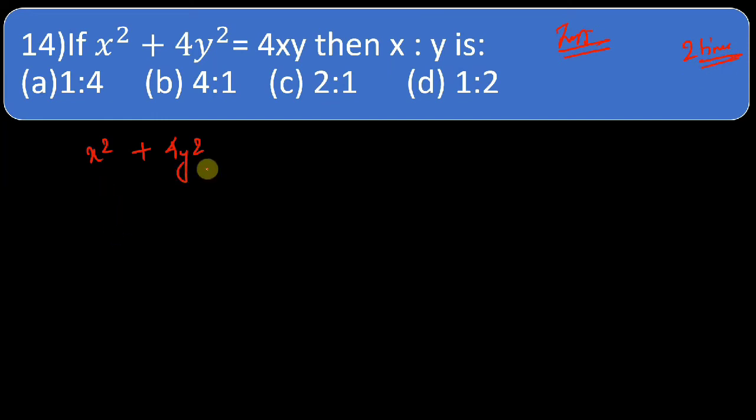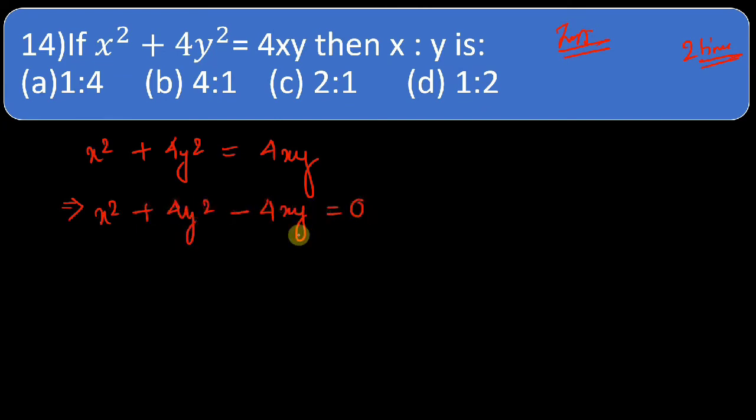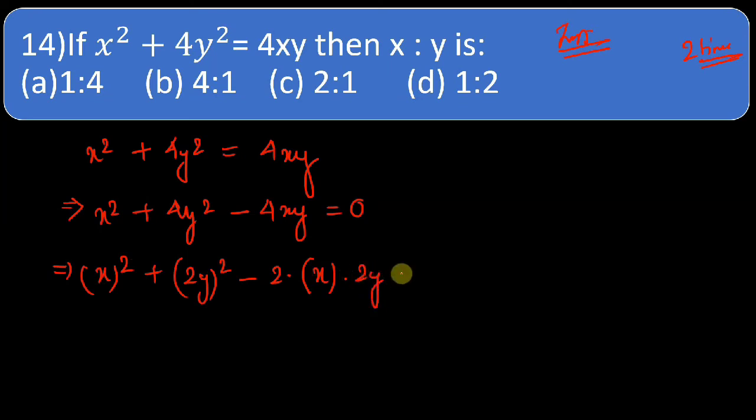So x square plus 4y square equals 4xy is given here. So we just need to write x square plus 4y square minus 4xy is equal to 0. This can be written in the form of (x)square plus (2y) whole square minus 2 into x into 2y equals to 0.